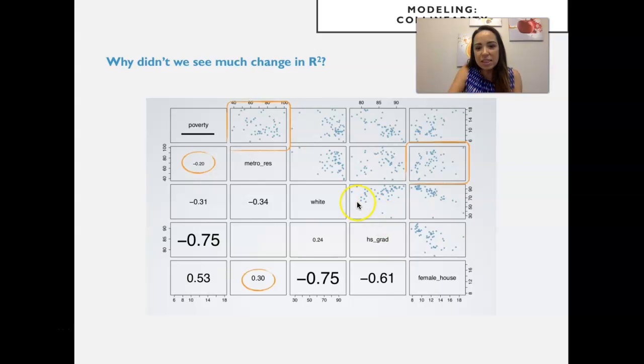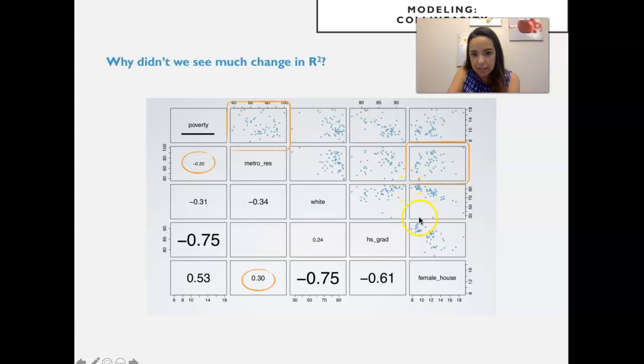So watch the relationship, how strong it is between the amount of white people in the region and the percentage of females that are heads of households. It's a negative relationship, I'll repeat. Percent female household is on this axis and percent white is on the y-axis.